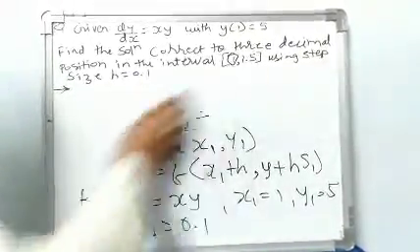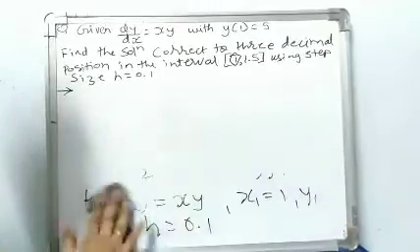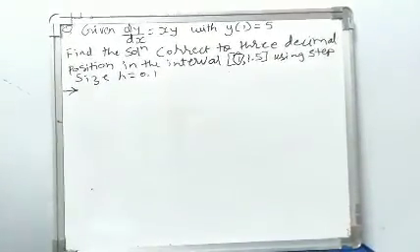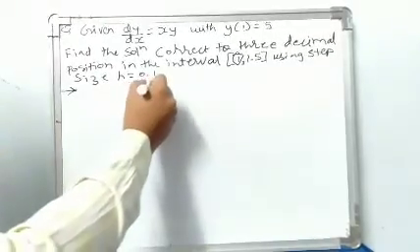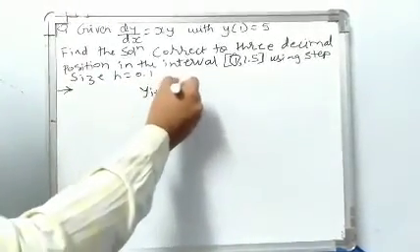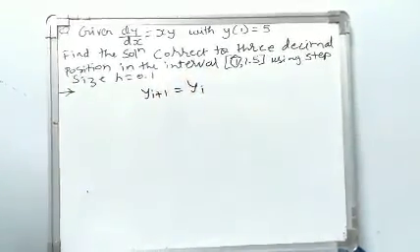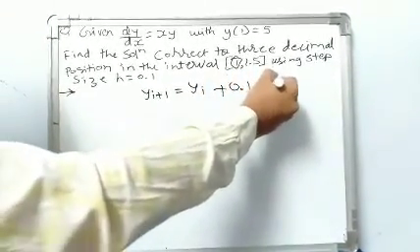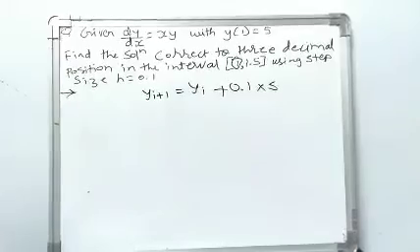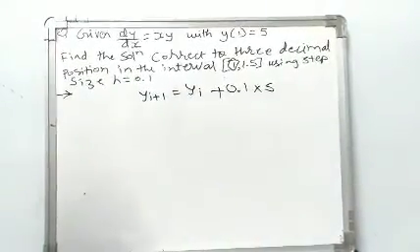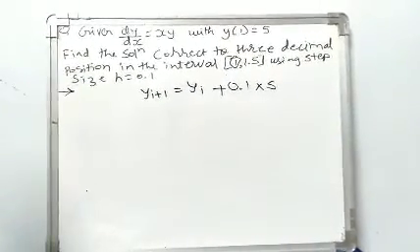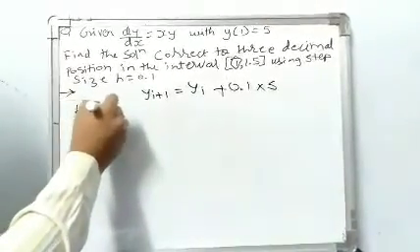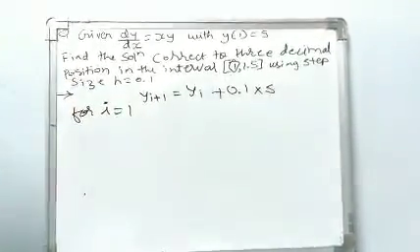The formula now becomes y(i+1) equals y(i) plus 0.1 into s, where s is (s1 plus s2) by 2. So let us apply it for iteration 1.